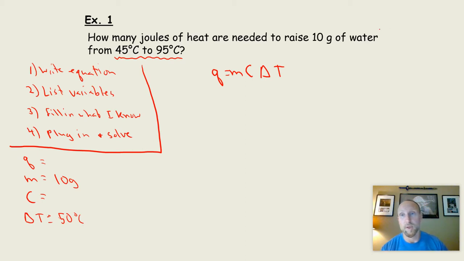Because what's the key word here? Water. Remember, if we're using water, don't forget to use table B off your reference tables to help you out. It's a huge help. So we know our specific heat is 4.18 joules per gram degree.